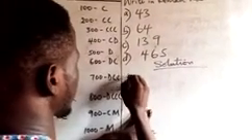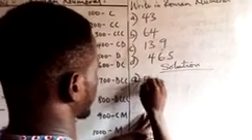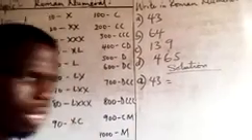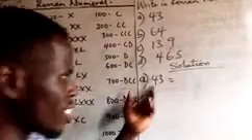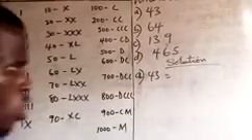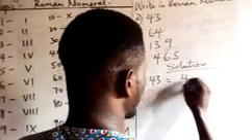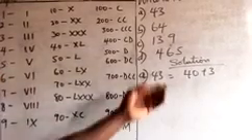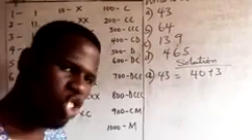We have A, 43. 43 is a combination of 40 and 3. The first thing we do here is to break this number down. 40 plus 3.